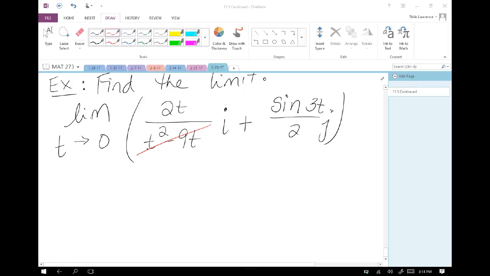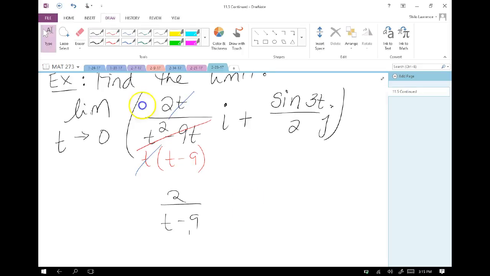It doesn't always equal 1. So those t's cancel. And once we get rid of the t's, we're left with 2 over t minus 9. And we'll try again. So negative 2 over 9.